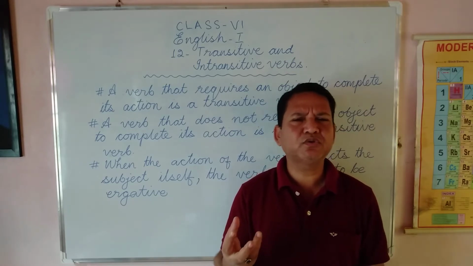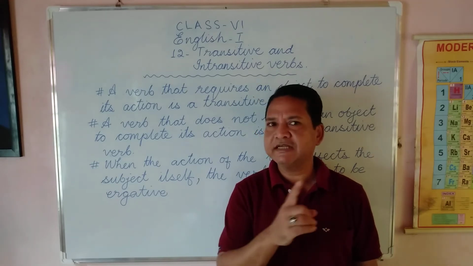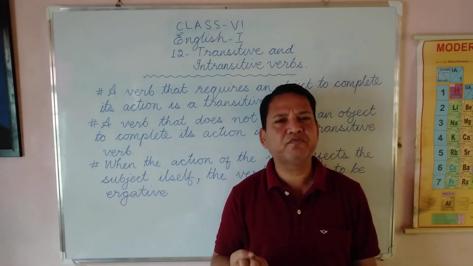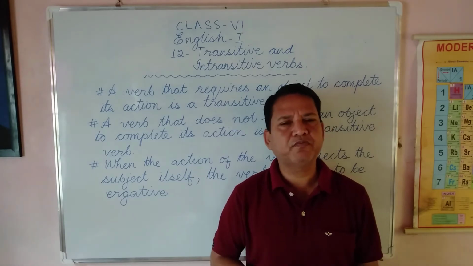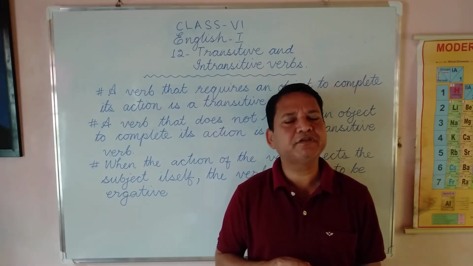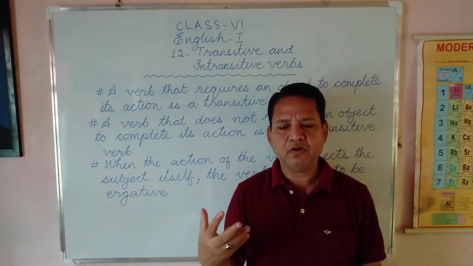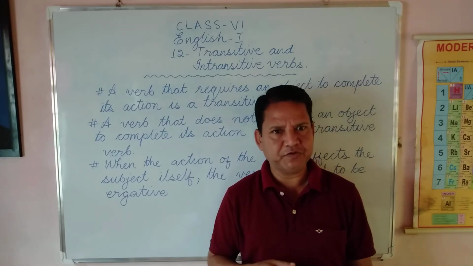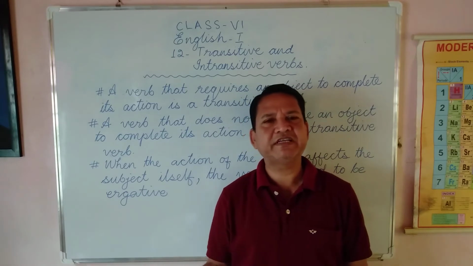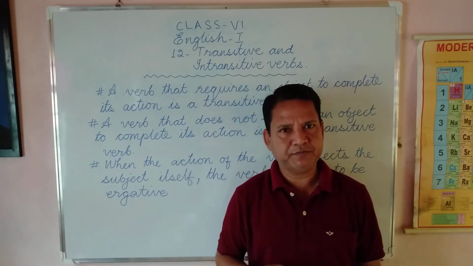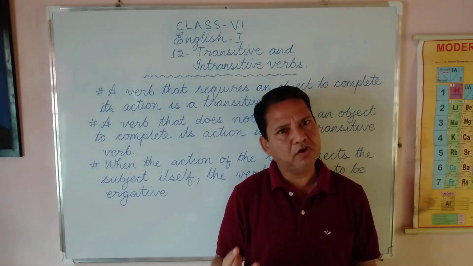A phrase is a group of words which does not give us complete meaning. Now what is a clause? A clause is a combination of different sentences. When different sentences are joined together to make a longer sentence, it is called a clause. Okay. So you have learned about sentence, phrase and clause.